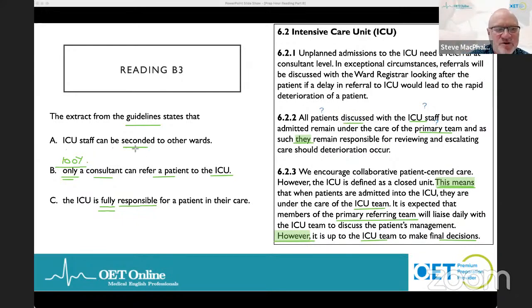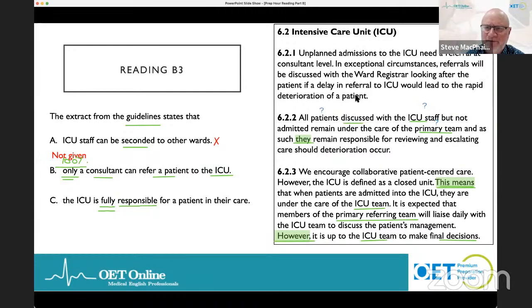A, ICU staff can be seconded to other wards. Well, they don't talk about staff moving, do they? Patients are moving, but not staff. All right, so that's wrong. B, only a consultant can refer a patient to the ICU. Well, I think we ruled that out before, didn't we, everyone?